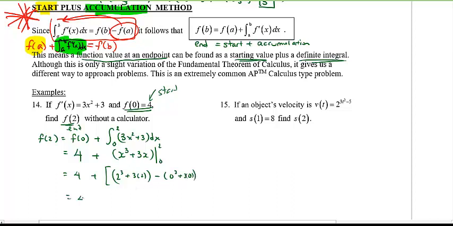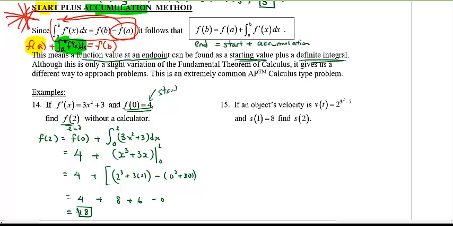And so 4 plus 8 plus 6 minus 0. And if you got 18, there you go. F of 2 is 18.